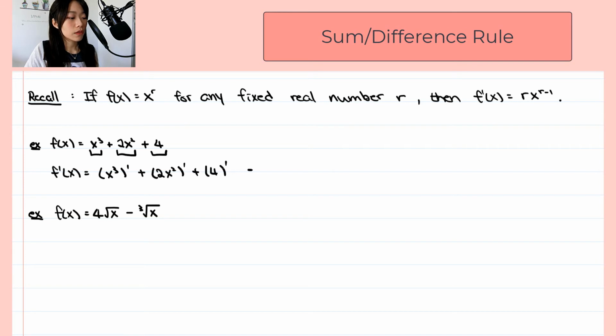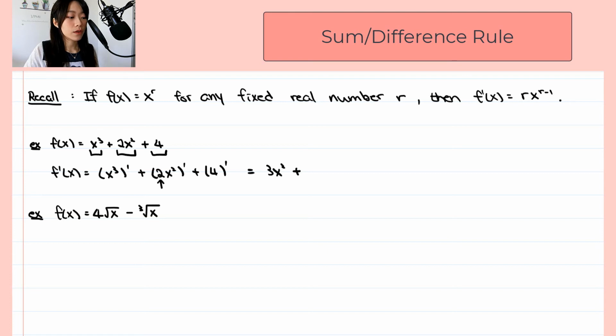So this equals 3x squared for the first term plus, so here we have a constant in front of x squared. And at the end of the last video, I briefly mentioned the constant multiple rule, which states that if a function consists of a constant times a function of x, then its derivative would be the constant times the derivative of the function.